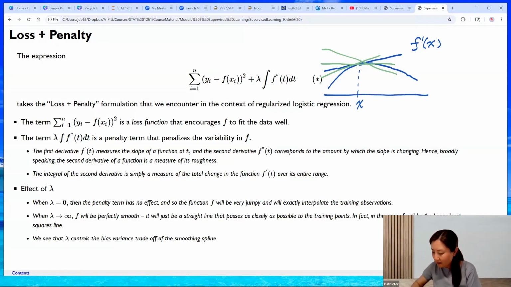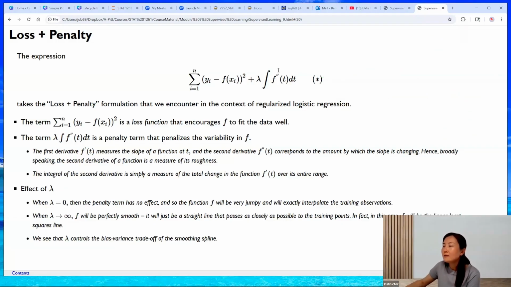But consider another curve, somehow like this. Then the second derivative will be very big. If you shift a little bit, the first derivative will change a lot. So overall, from the examples, you see that the second derivative corresponds to the amount by which the slope is changing, or more precisely, the speed at which the slope is changing at a point.